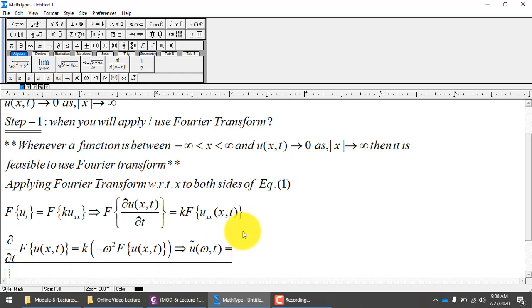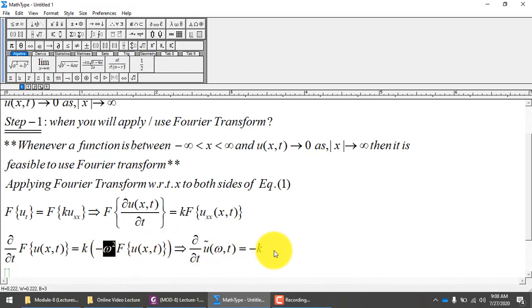On the right hand side, we also have the derivative. So when you apply the Fourier transform on the right hand side, you will get minus k omega square, and the Fourier transform of u, symbolic representation is this. So this is the first step, that you should apply Fourier transform.